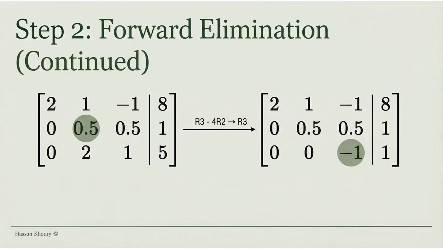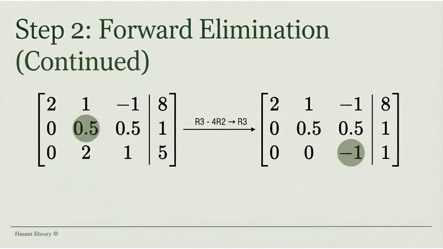Now for the next iteration where k is equal to 2, we will use pivot a22, and a22 is 0.5 here. So for row 3 the factor will be a32 divided by a22, that means 2 divided by 0.5, which will be 4. And now row 3 is equal to row 3 minus factor times row 2.